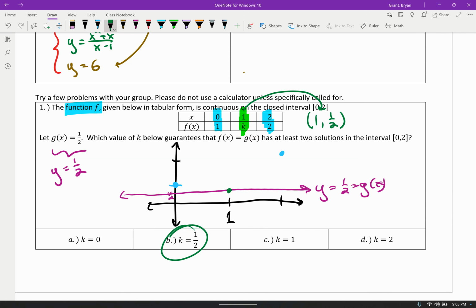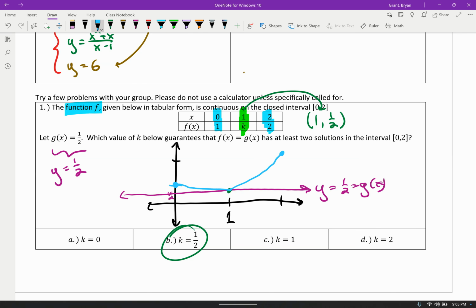Does that answer the question? Which value of k below guarantees that f of x equals g of x has 2 solutions? Now, when we say 2 functions are equal, we mean they intersect. So they're saying they intersect at least 2 times. Well, we know f is continuous, so eventually I need to get from here to here. But since we've added a 3rd point, I think we're going from here to here. How many times do they intersect?